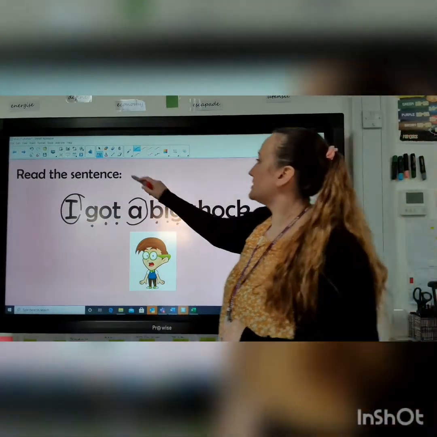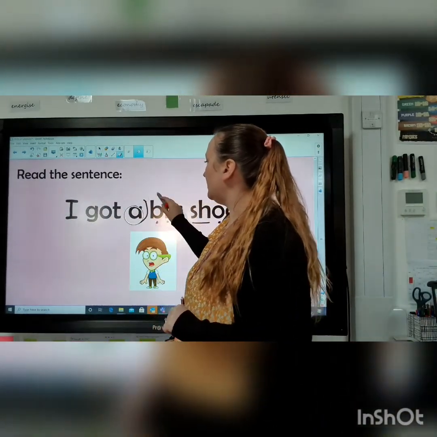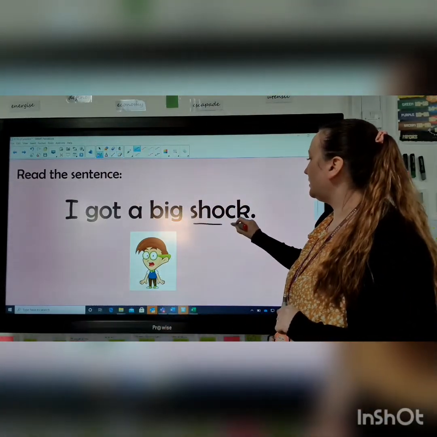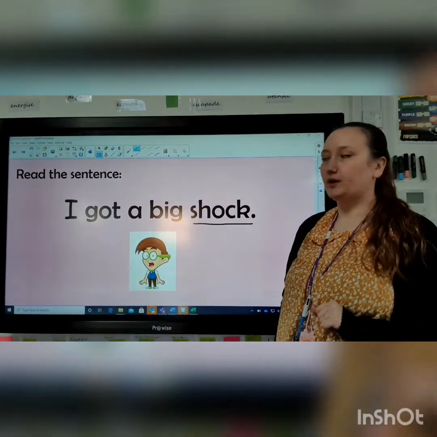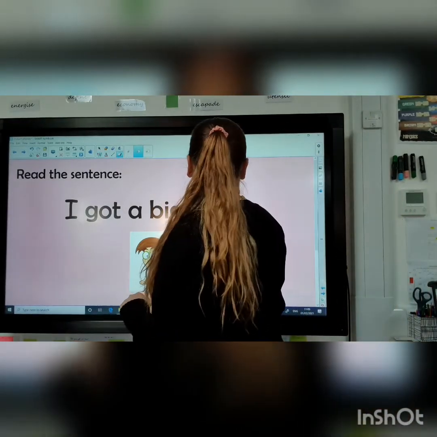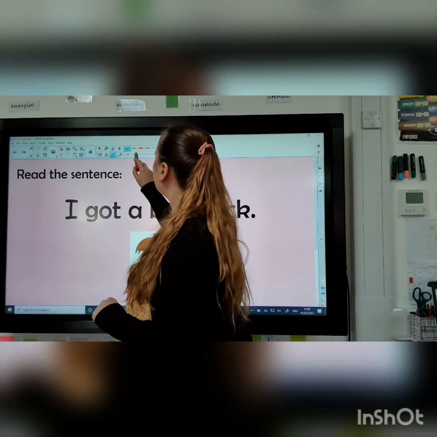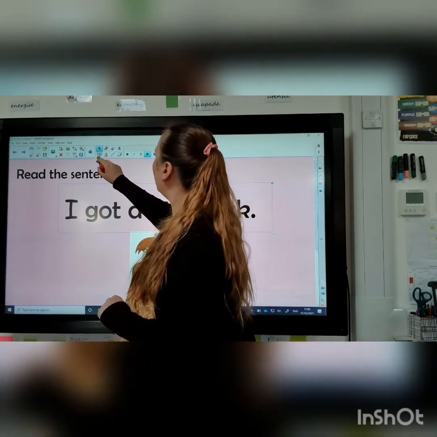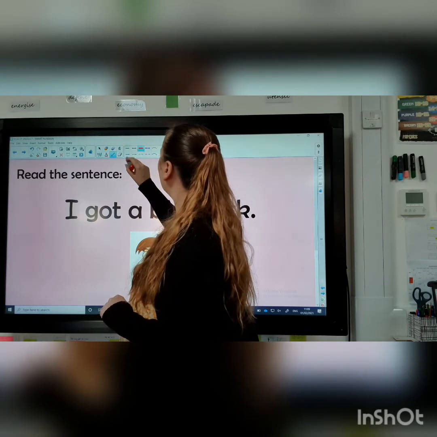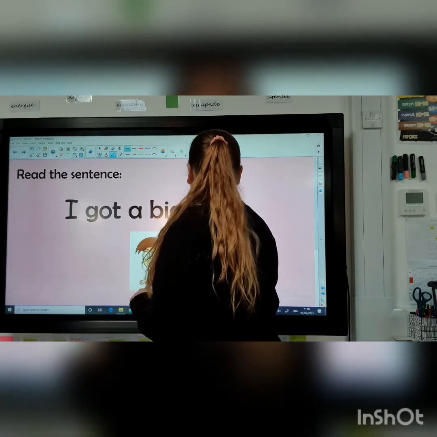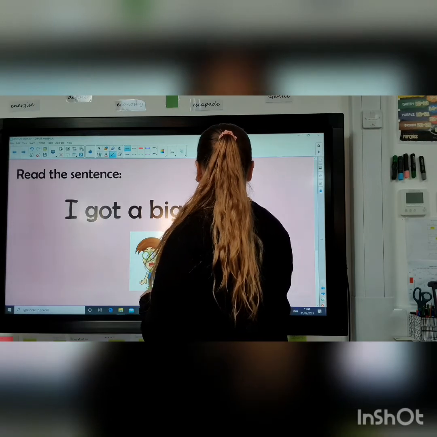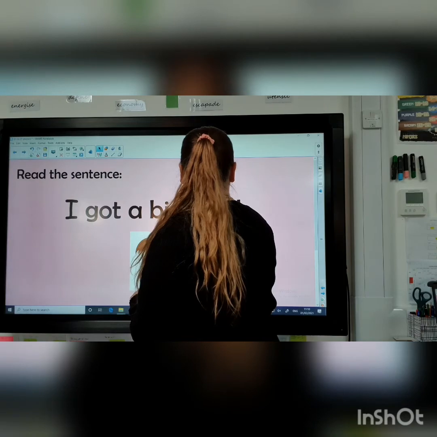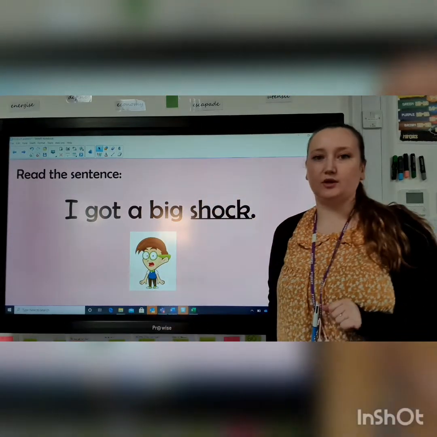Okay, so what I would like you to do now, I would like you to write this word here. I want you to write the word shock. Okay, I'm going to put it on a black line so you know this is the word that we're going to be writing. So this is the word we need to write, shock.